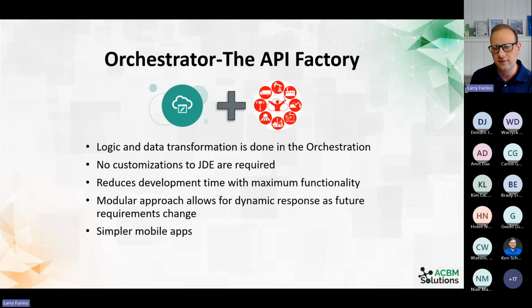By doing this and keeping all of the logic and the data transformation in Orchestrator, all of the guts, or I'll say the inner workings of the apps, are self-contained within JDE and Orchestrator. So we're leveraging our existing investment in our ERP system, and we're just building this front-end UI that makes requests and pushes and pulls data to and from the ERP system via the orchestrations. So this makes it much faster, much easier, much cheaper to develop mobile apps, right?